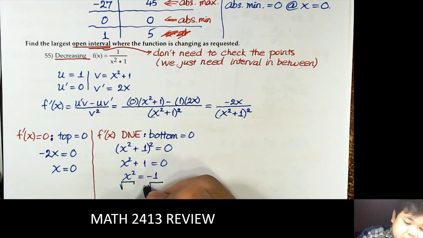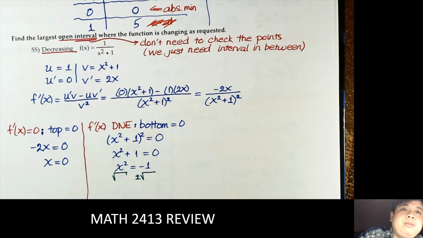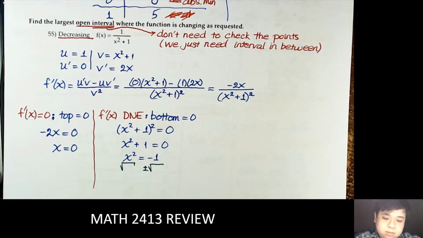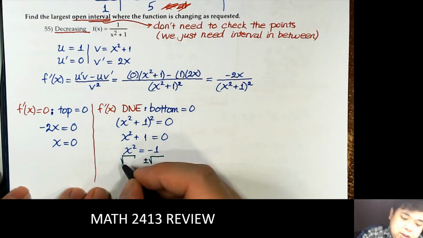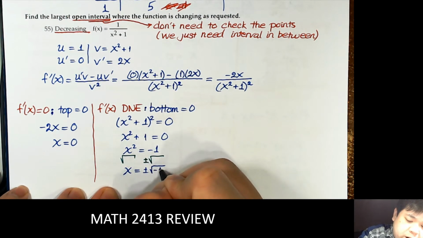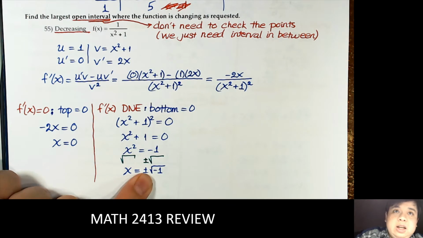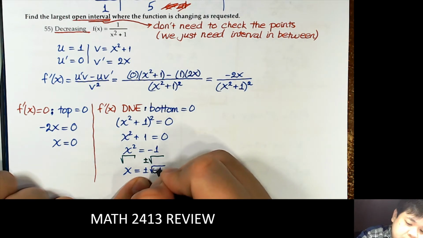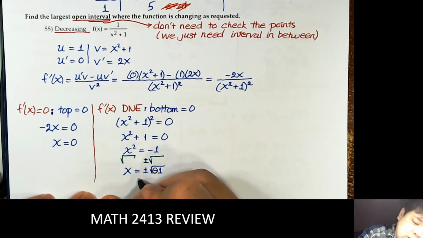Remember, when we do that, don't forget that's plus or minus. So we have x equal to plus or minus square root of negative 1. Negative inside the square root. So this one is undefined or imaginary. So it's not real.